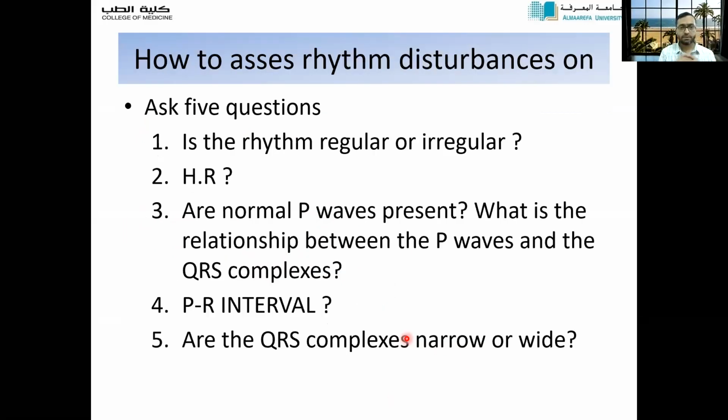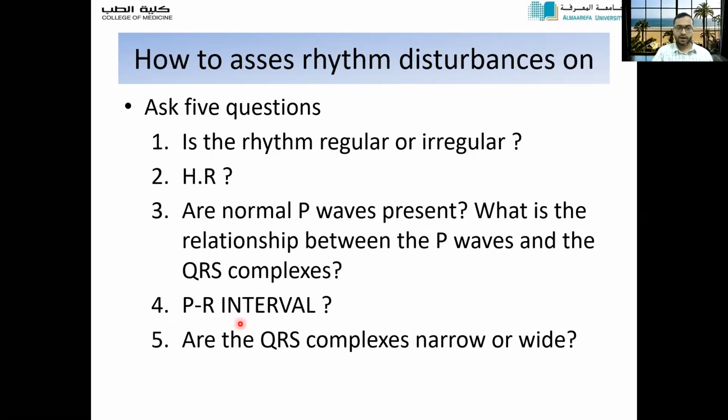Let's take an example of some of it, but whenever you want to diagnose arrhythmias, always ask these 5 questions to yourself. Is the rhythm regular or irregular? Look for it. What is the heart rate? Are the P waves present? What is the relationship between the P wave and the QRS complex?